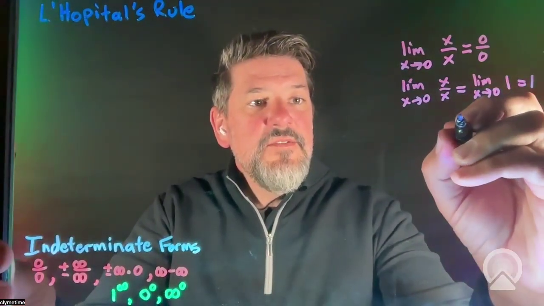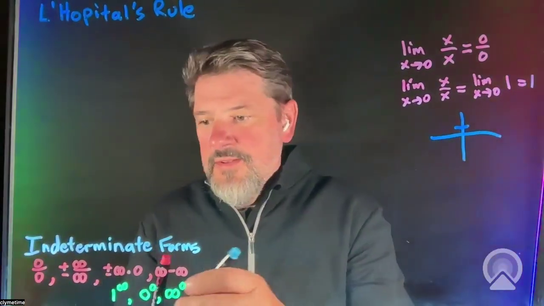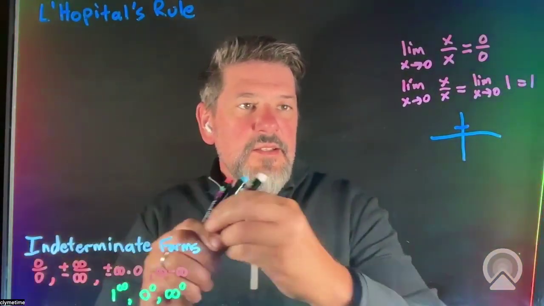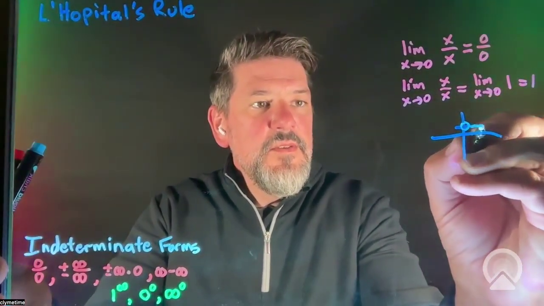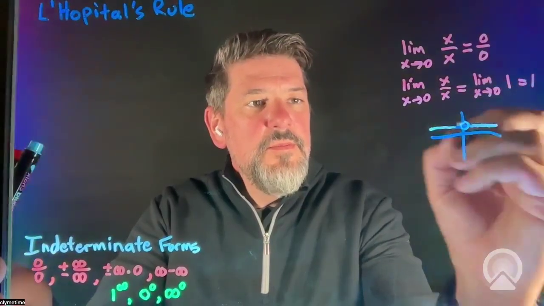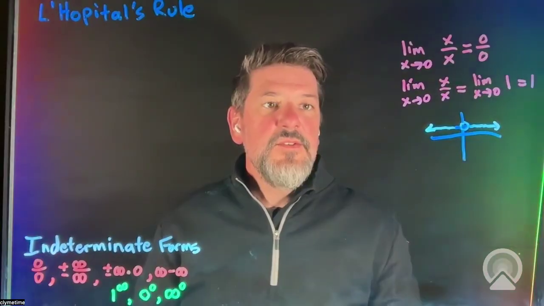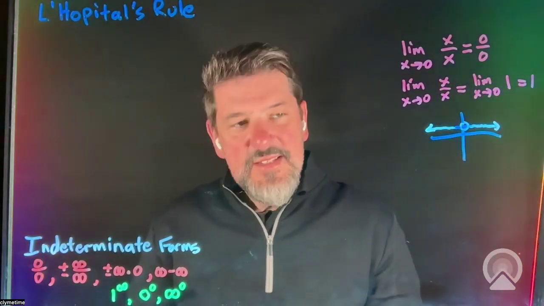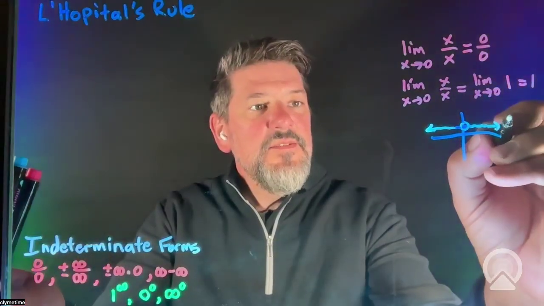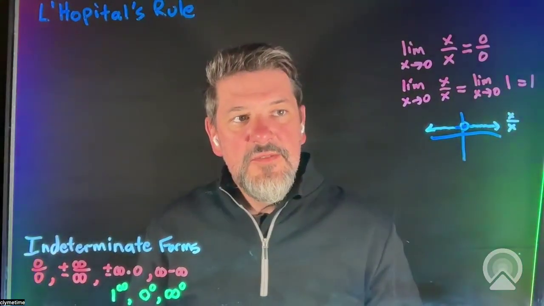They are not the same function. If I were to graph x over x, it would look something like this. I would have a hole at 0, and then it would go this way, and it would go this way, and they'd go on forever. So it looks very similar to y equals 1, but it's not exactly the same thing. The one difference is you cannot plug in 0 into the original function.